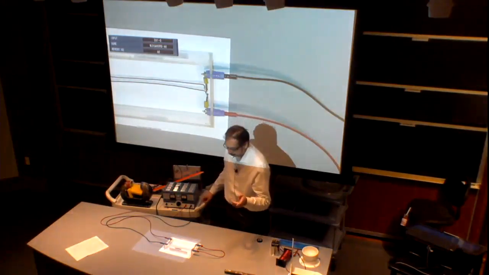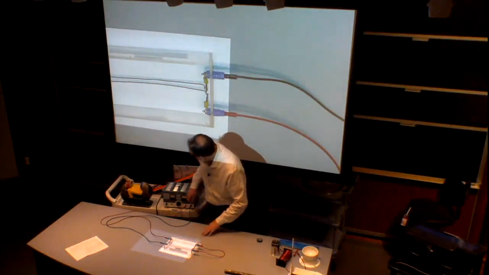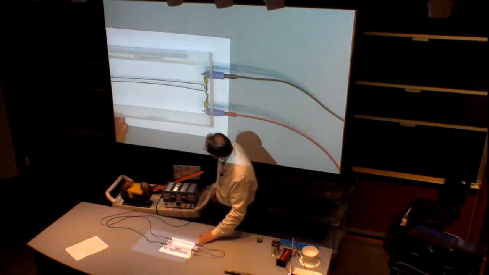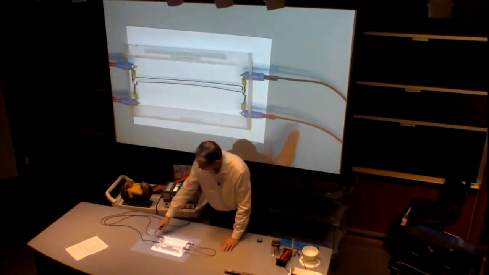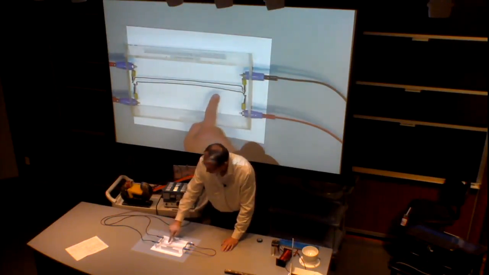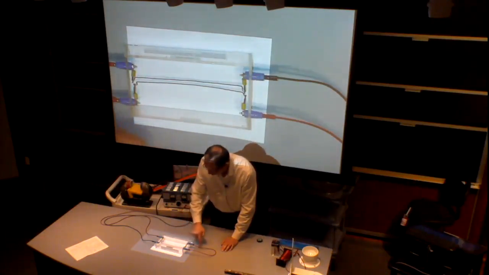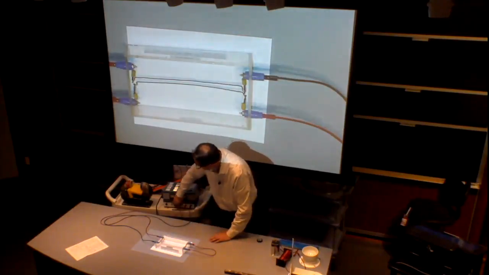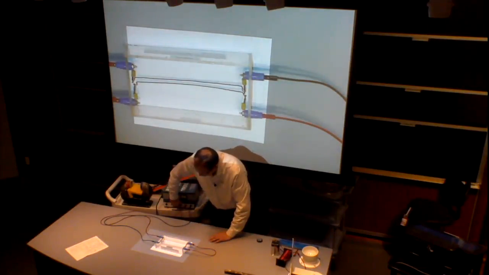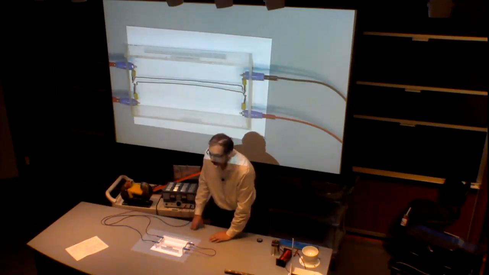Now you can compare your prediction with the actual experiment. Again, what's happening? Electric current travels through the first wire, returns, travels through the second wire, so in opposite directions. And now, how do we call this phenomenon?